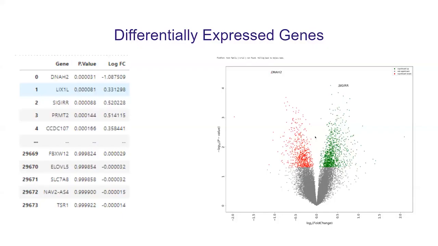As it was showing, it takes as input a CSV file for expression data. The pipeline will first identify the differentially expressed genes based on the p-value and the log FC. By default, we identify a gene as differentially expressed if the p-value is less than 0.05, but it could be customized by the user to 0.01.